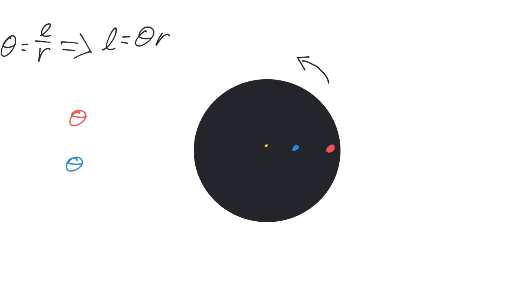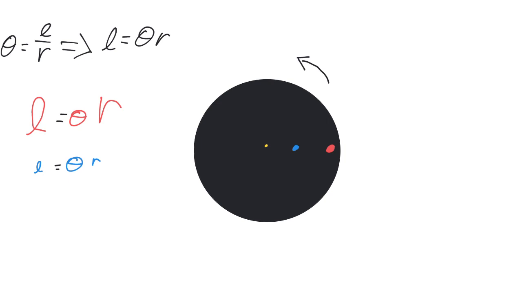But the radius for the red dot is going to be much bigger than the radius for the blue dot, which means the linear distance for the red dot is going to be much bigger than the linear distance for the blue dot. Okay, so that's the relationship between angular displacements for those two dots.